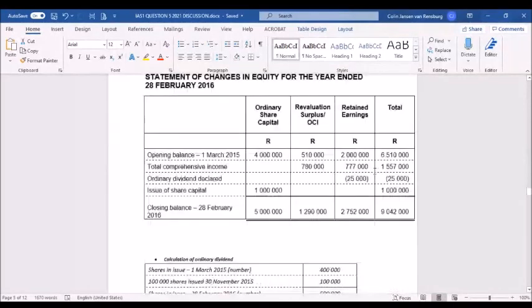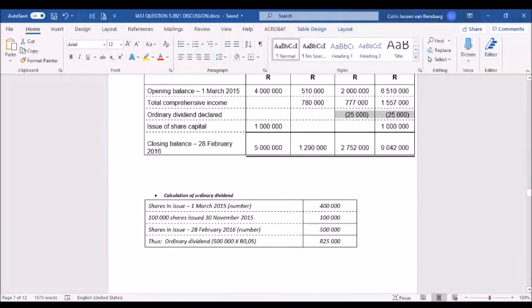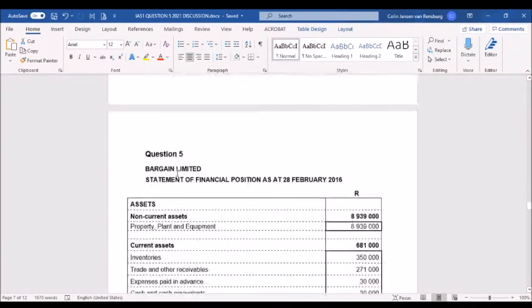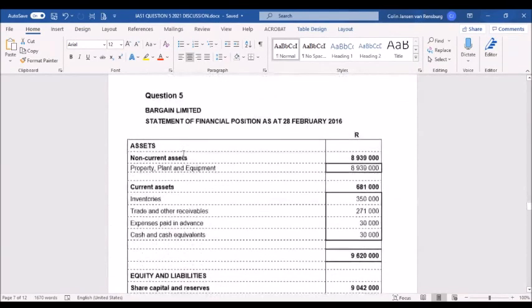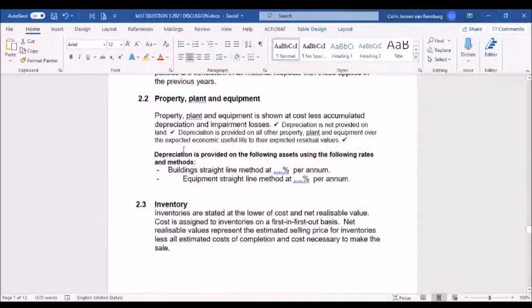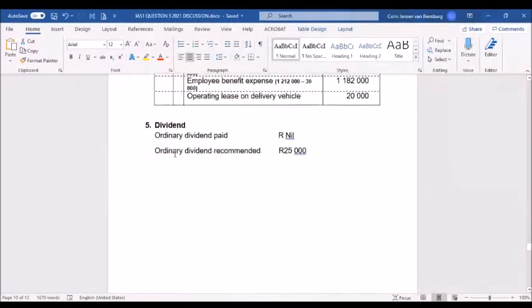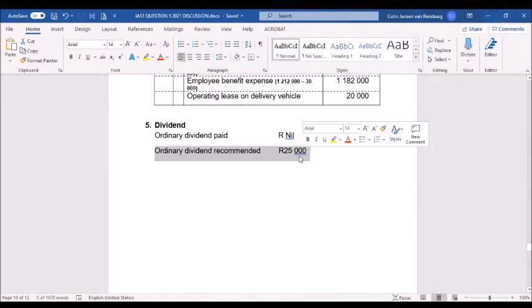Then in your statement of changes in equity, that would not have been disclosed there, right? Then you only have the dividend note, where it says ordinary dividend recommended 25,000, right? But it's not in your books yet because no present obligation exists yet. Only once it has been declared.